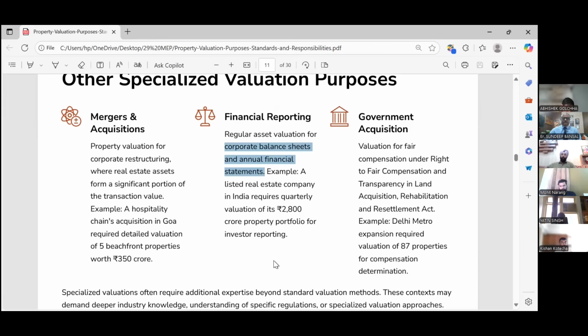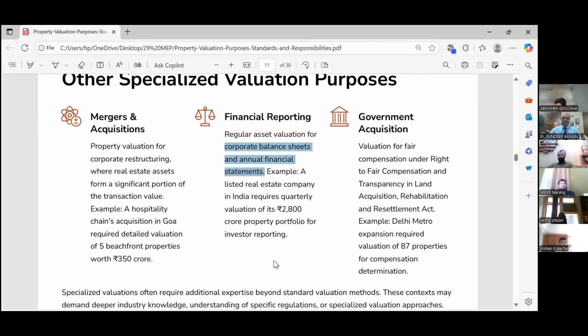Then you may have to do the valuation in case of government acquisition. So here the purpose is to find out the fair compensation, under the Right to Fair Compensation and Transparency in Land Acquisition, Rehabilitation and Resettlement Act.